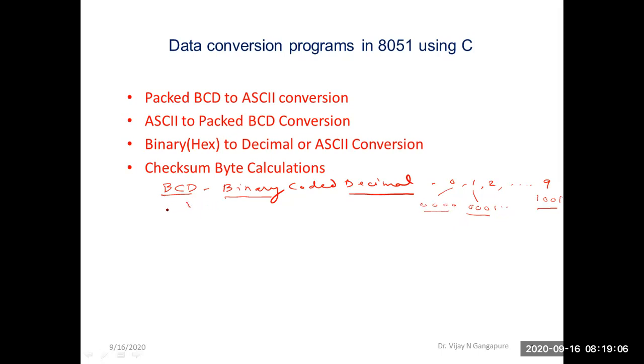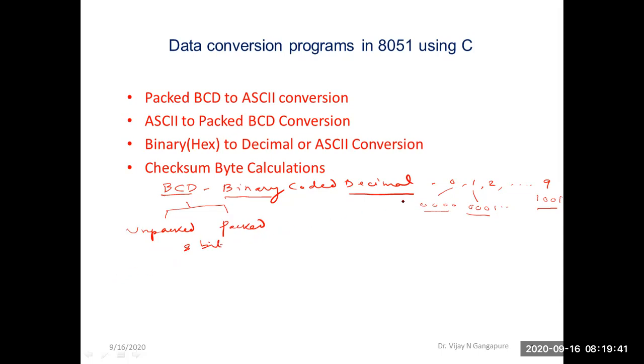Now there are two types of BCD numbers: first unpacked BCD numbers, and second packed BCD numbers. The numbers 0 to 9 are the BCD numbers. Suppose an 8-bit format is used to represent any BCD number.